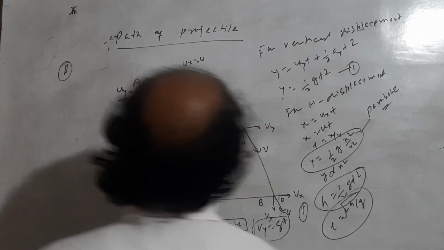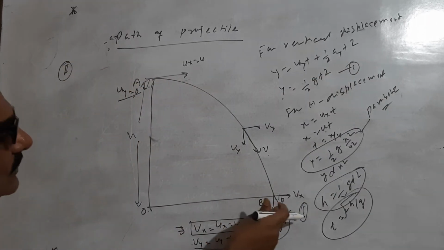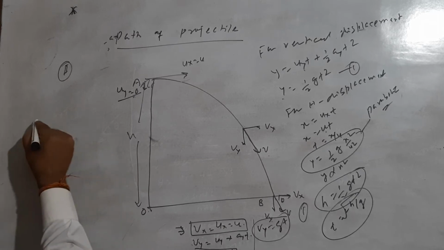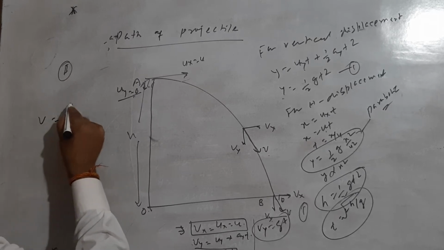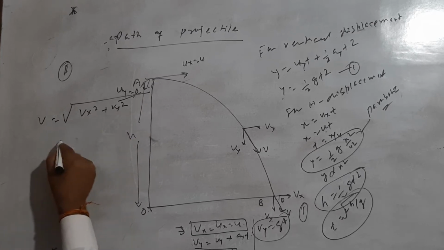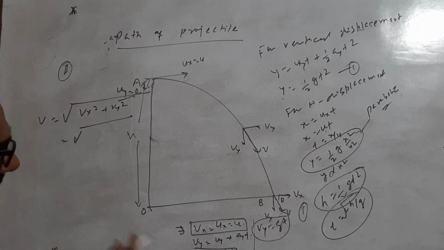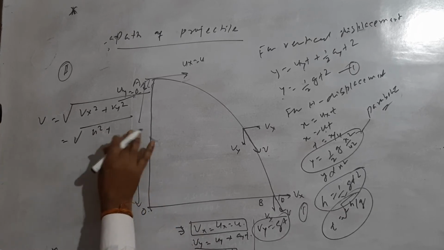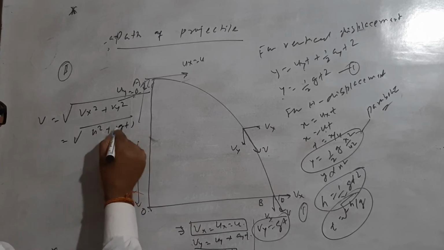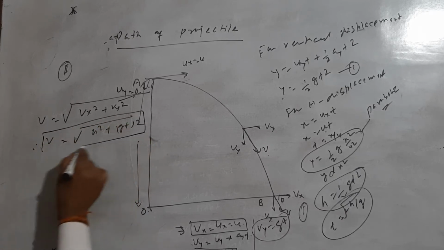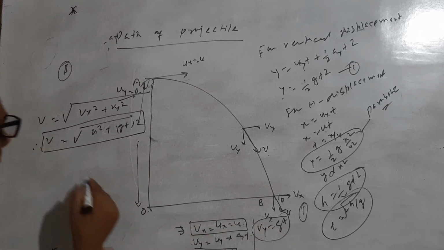Now to find the velocity when the projectile hits the ground, v equal to under root vx square plus vy square, where vx means u, square, plus vy means gt square. This is the final expression for the velocity of the projectile when it hits the ground.